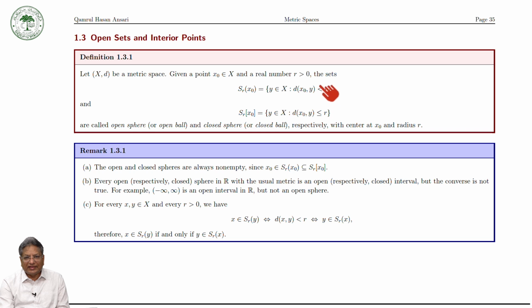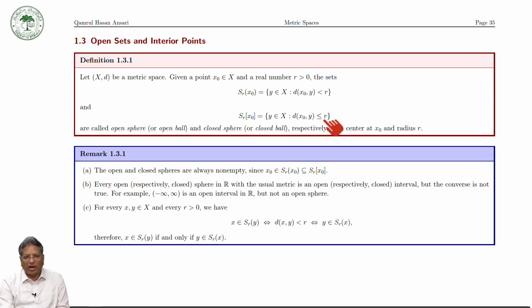Here it is strictly less than r, here it is less than or equal to r. Then this set is called the closed ball or closed sphere with center at x naught and radius r. So, these are the two definitions of open sphere or open ball and closed sphere and closed ball.